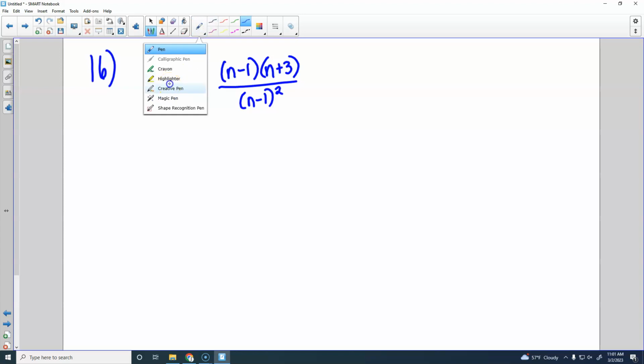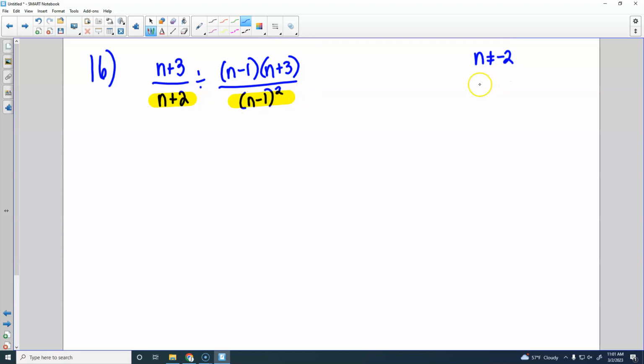We don't have to factor it. We do need to look for excluded values. So denominators cannot equal 0. That's going to give me n cannot equal negative 2 from that first term right there. Then n minus 1 squared, you really only get 0 for that if n minus 1 equals 0, so that's going to be n cannot equal positive 1.